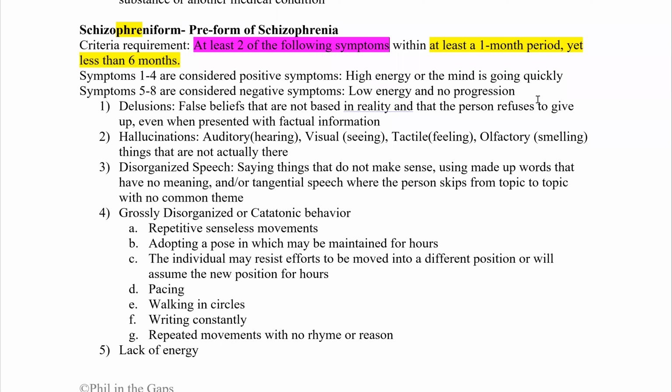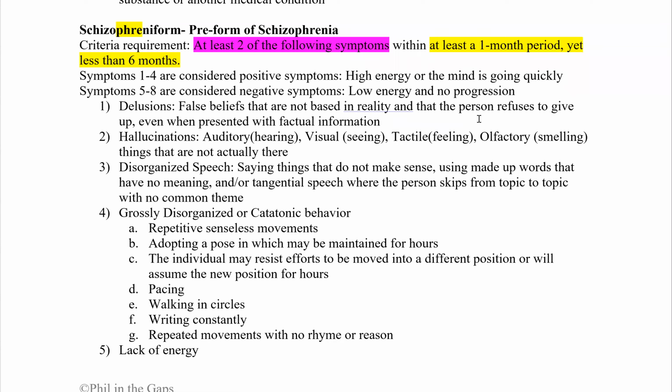This is going to make a little bit more sense as we get into it, because if somebody is experiencing a lot more positive symptoms, they're going to have a lot more energy. And if they're experiencing negative symptoms, they're going to have less energy. So they have to have at least 2 or more of the following for longer than 30 days, yet less than 6 months. So similar to brief psychotic disorder, just a couple more added.